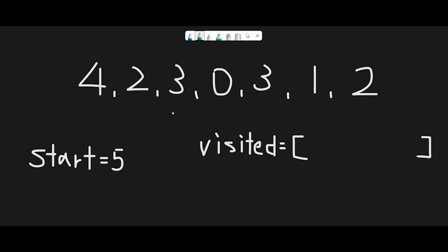So let's begin. This is an input array, and this is a start point, and we prepare a visited set, because there are two cases where we have to finish the program and return false.